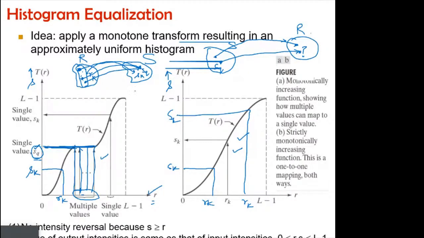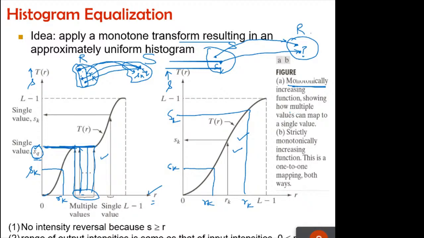So these type of functions, you can see the first function, R is increasing, correspondingly S is increasing. Such functions are called monotonically increasing functions. The word used is monotonically.